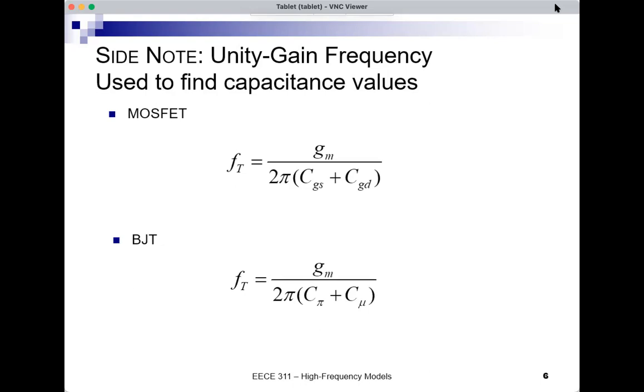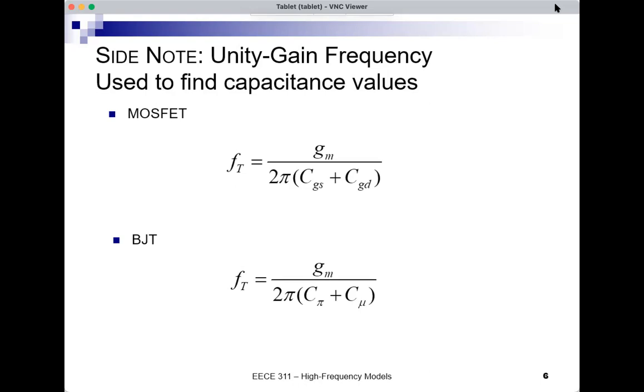So why do we mention this? Because if I'm given CGS and FT, the formula here would allow me to find CGD if I need it in my circuit analysis. Same for the BJT. If I'm given C pi and FT, I can tell what C mu is, assuming that I know what GM is.